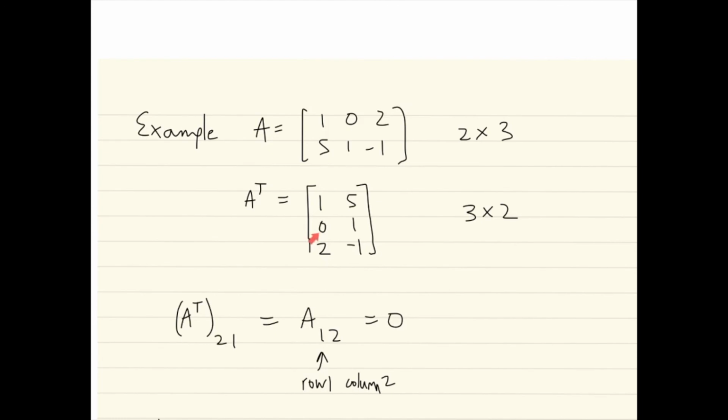So here is row 2, column 1, and to figure out what goes there, I flip the order, so the 2, 1 changes to 1, 2, and then I go to A and see what's in the row 1, column 2 position. Row 1, column 2, I see a 0, and so that's what the 0 here is. So the 2, 1 entry of the transpose, denoted A transpose, is given by 0. And then similarly, you could figure out the other entries of this A transpose.